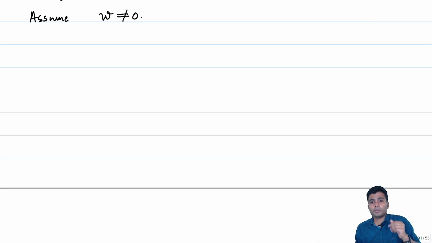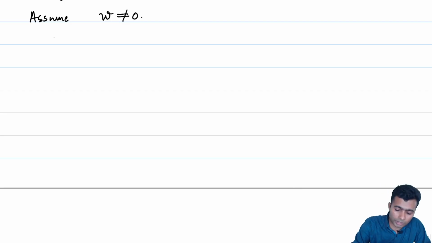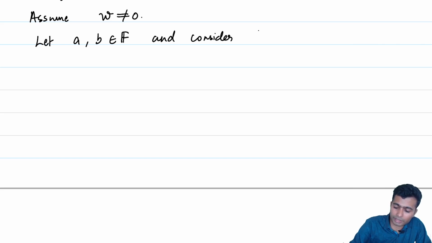Let's now invoke the positivity of the inner product. On which vector? So let A and B be scalars in F, and consider the vector AV plus BW.